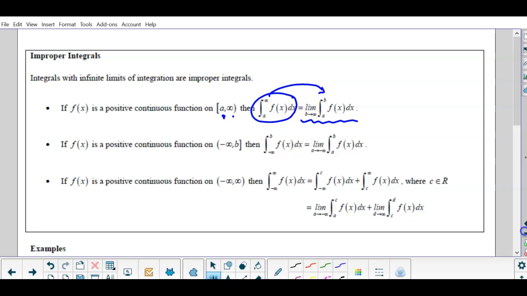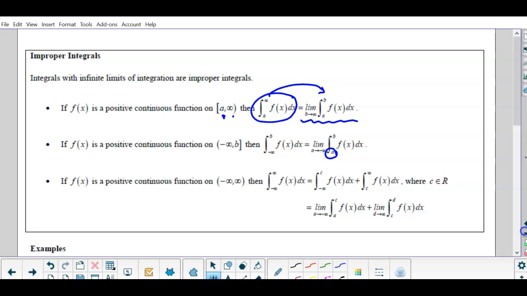That's the only difference. If it's going from negative infinity to a certain b value, then a is going to approach negative infinity, and that a is your lower limit.